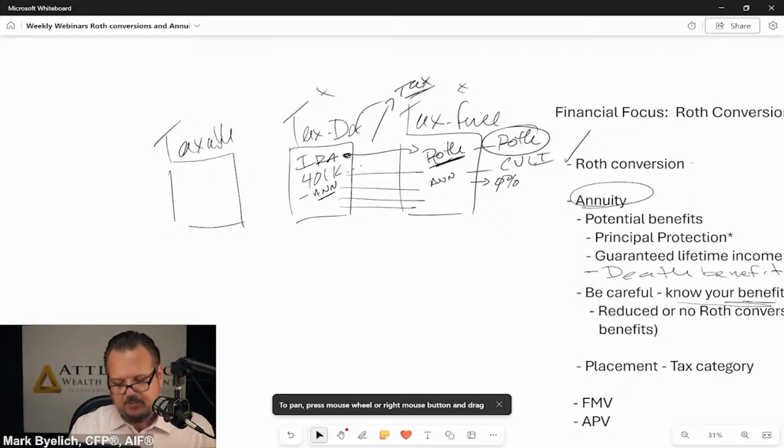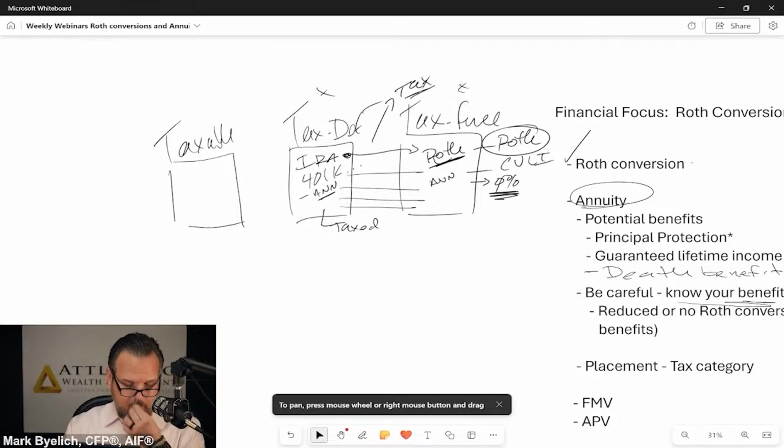But let's assume you've done that, and these are qualified distributions, and you're paying zero tax. So if you had a choice to receive guaranteed lifetime income, for example, where would you want that income to come from? Would you want it to be taxed, or would you want it not to be taxed?